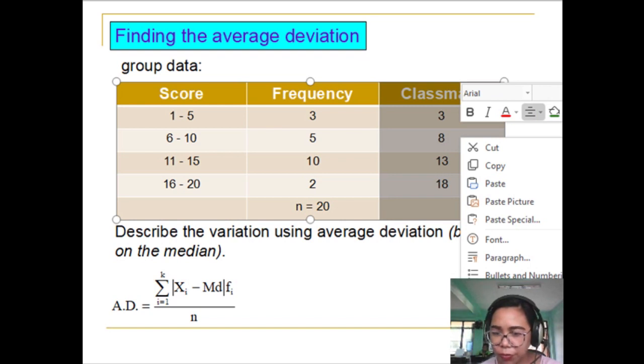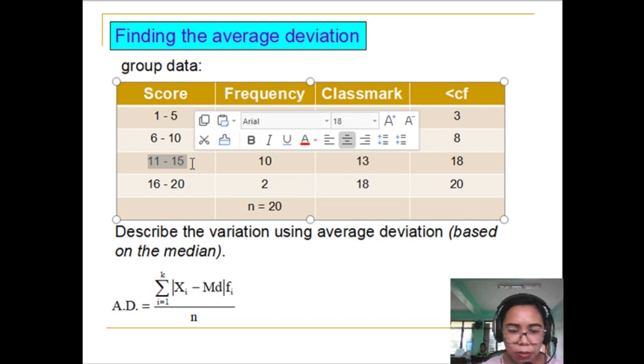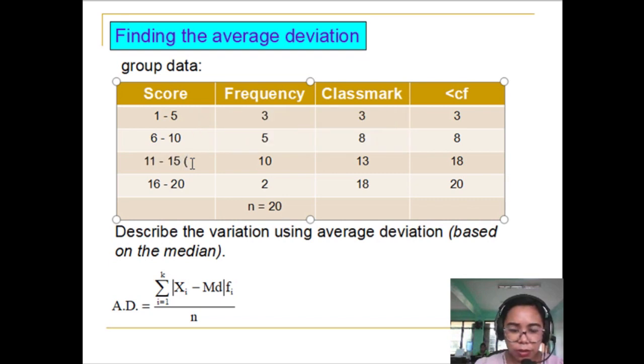So we will solve first for the less than cumulative frequency. Okay, here we have 3, 8, 18, and 20. So this is now the median class. So we will take note of this class interval.